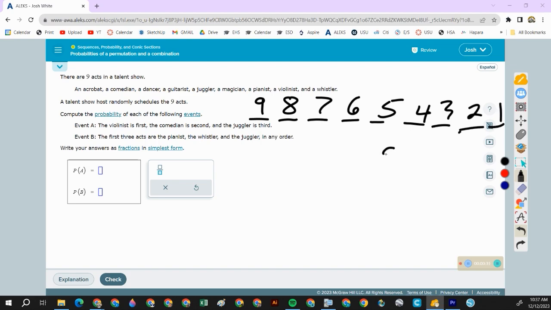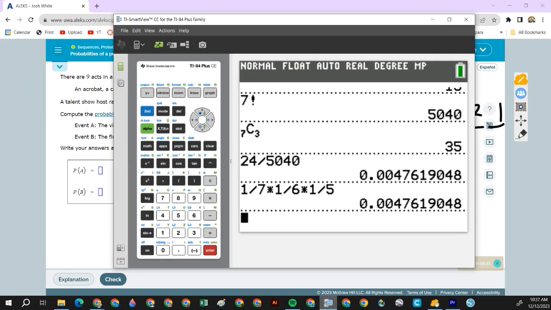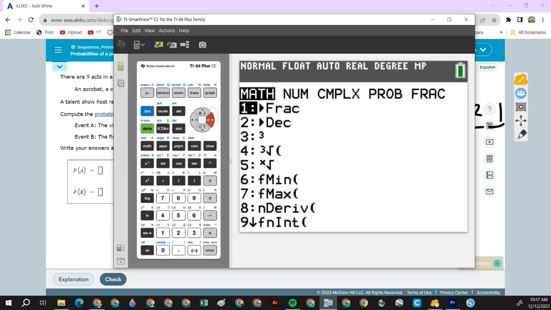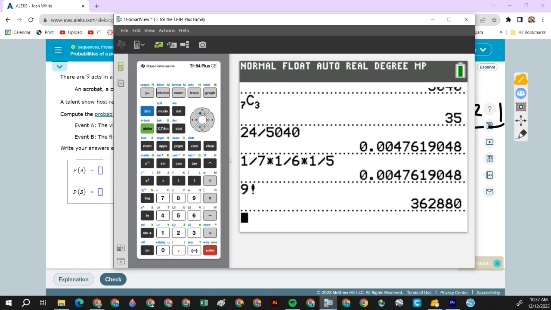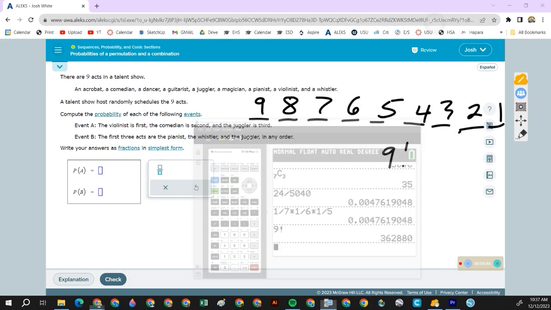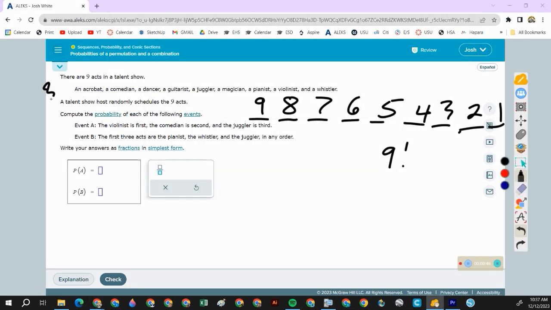So that is just 9 factorial. If we do 9 factorial, that is 362,880. That is the total number of possibilities.